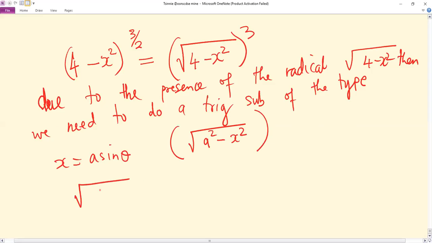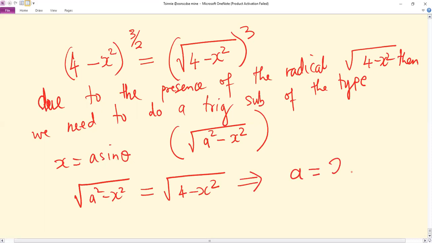Now, the square root of a squared minus x squared we relate to the square root of 4 minus x squared. This tells us that we should pick our a as 2.